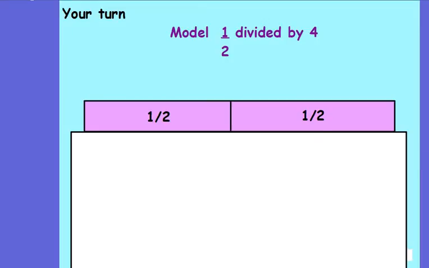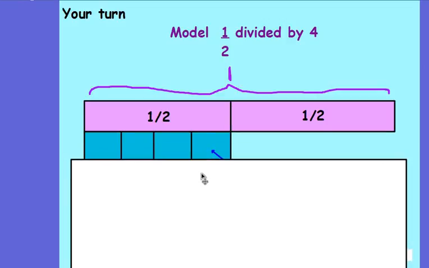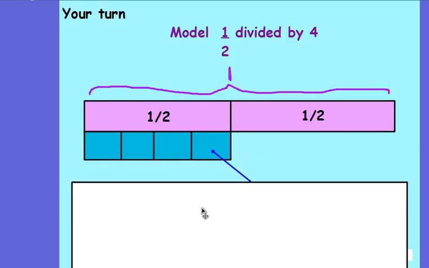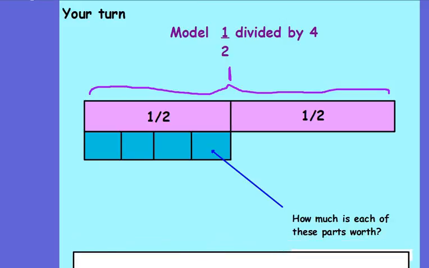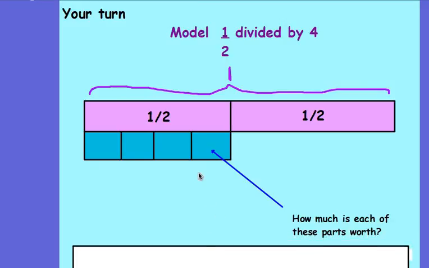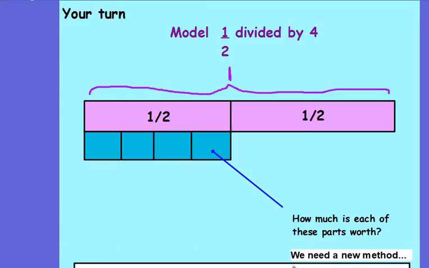If all of this was worth 1, and I had a half, I'd have 2 lots of a half in 1, and I want to divide that half into 4 equal pieces. And I want to know how much each of these parts is going to be worth. Now that's hard to tell using the bar model, so we're going to need a new method.